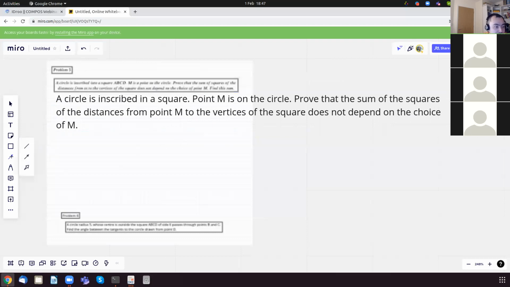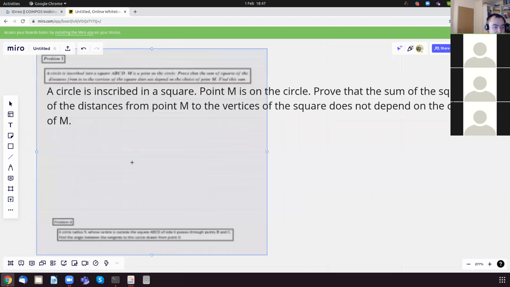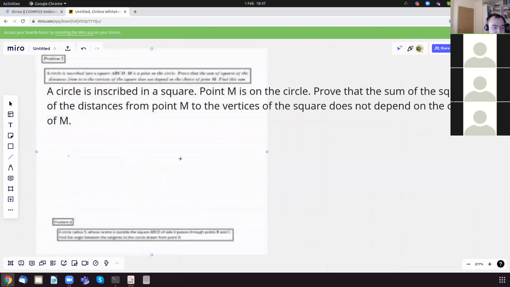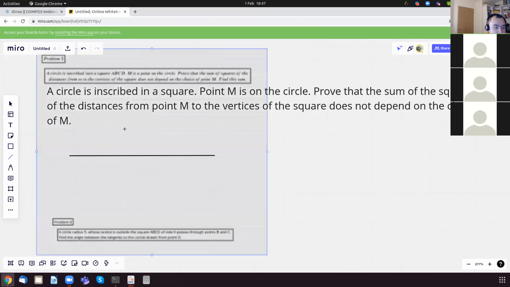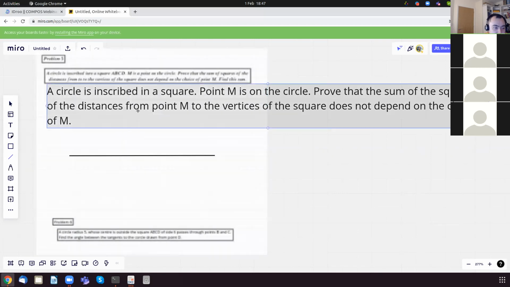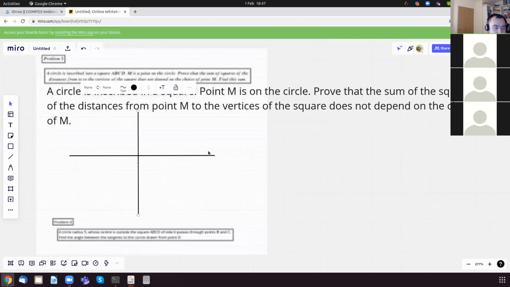So what I'm going to do is introduce a coordinate system. This is going to be X, Y, and this is X.